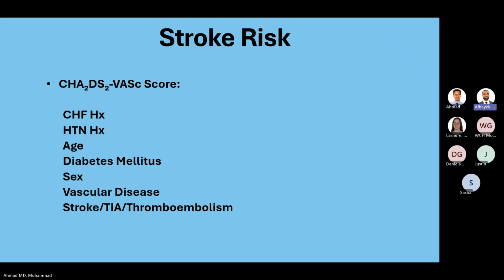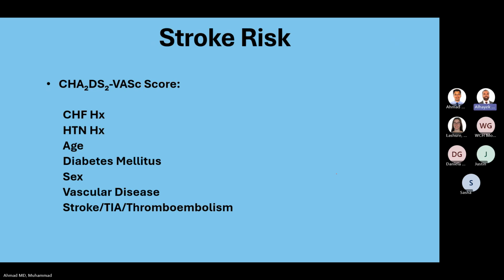The CHA2DS2-VASc score is the most widely used tool to estimate annual stroke risk in patients with AFib and to guide decisions regarding oral anticoagulation. The score incorporates the following risk factors: heart failure history, hypertension history, age, diabetes, sex, vascular disease, and of course, a history of stroke, TIA, or thromboembolism.